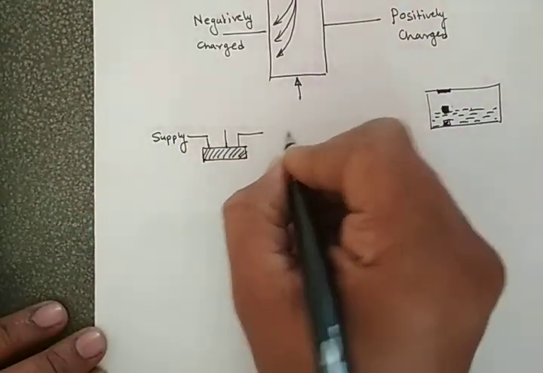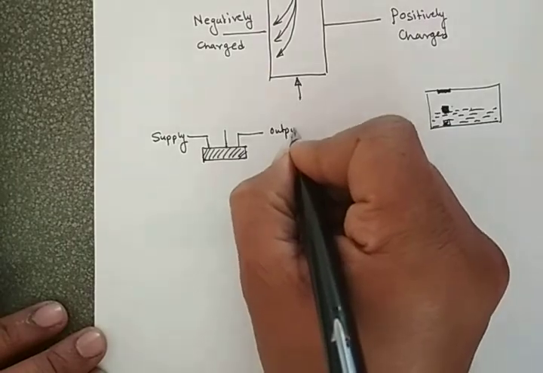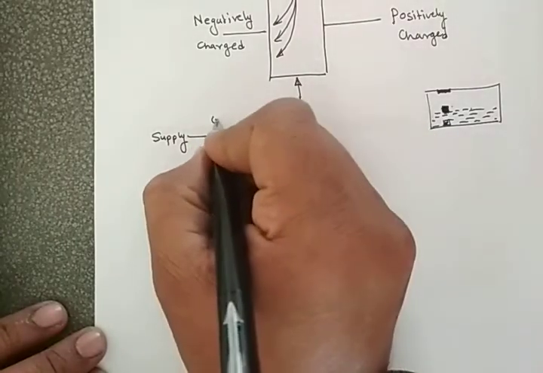This is supply, this is output, this is ground.